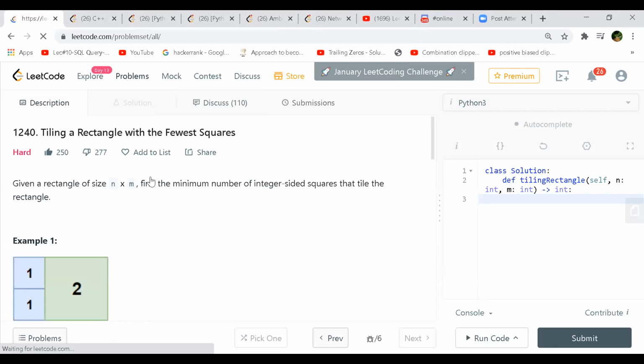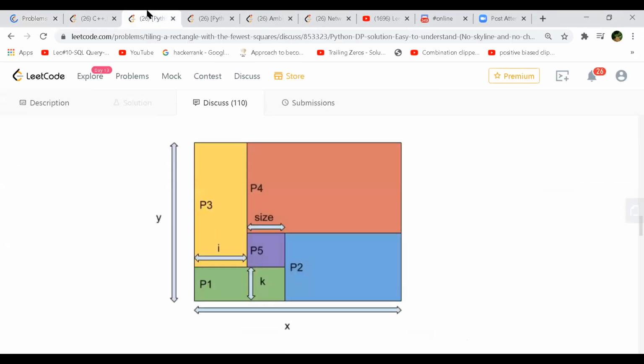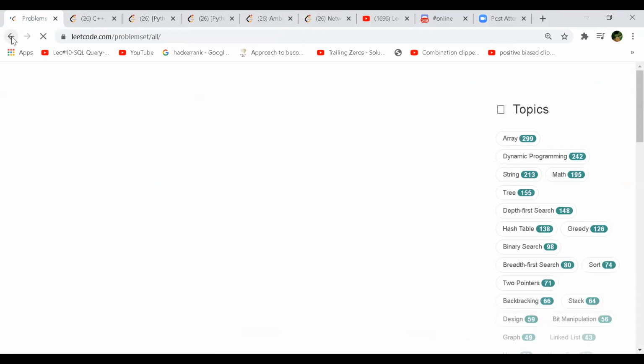If you look at example 1 and example 2, he's always dividing either in the vertical way or in the horizontal way.